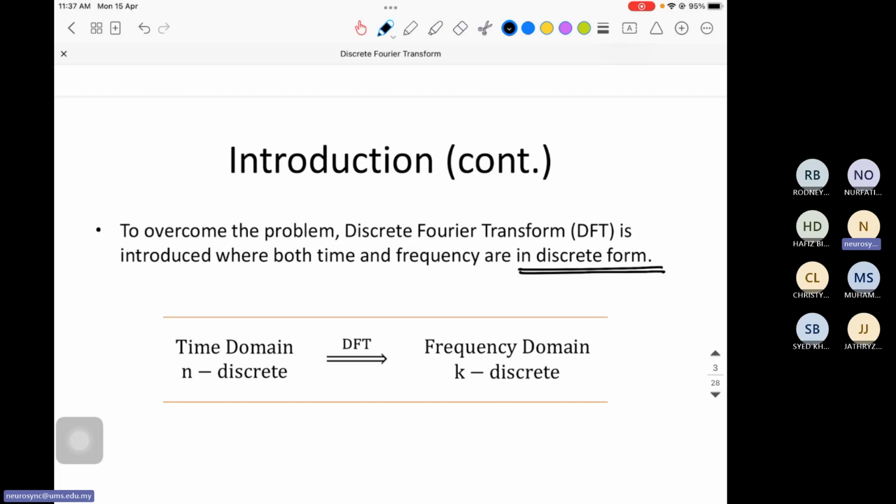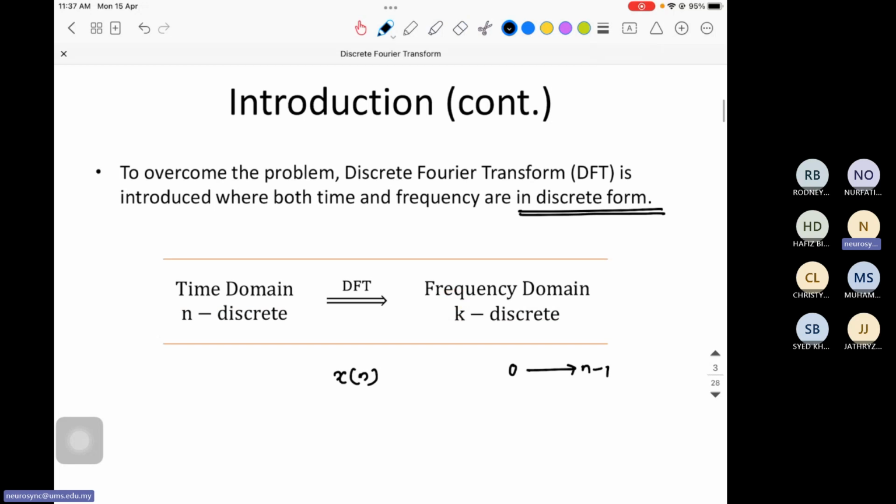Now we have x of n signal. This x of n has values from n equal to 0 to N minus 1. Now, in case of DTFT, this x of n we converted into a capital X e to the power j omega.